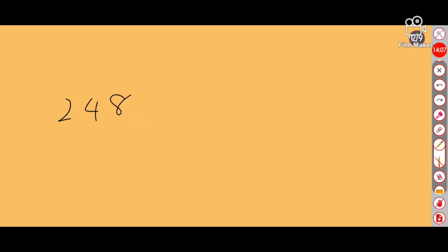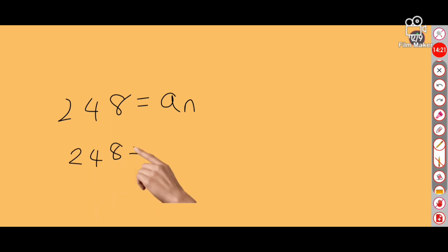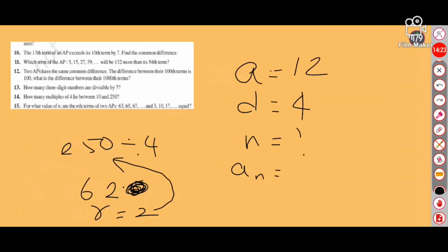That will be the last term, that is an. So substituting in the formula, an is 248, which equals a, that is 12, plus n minus 1 into 4.